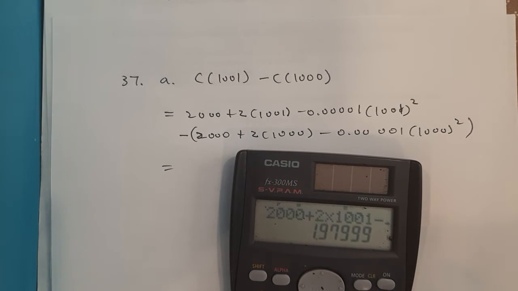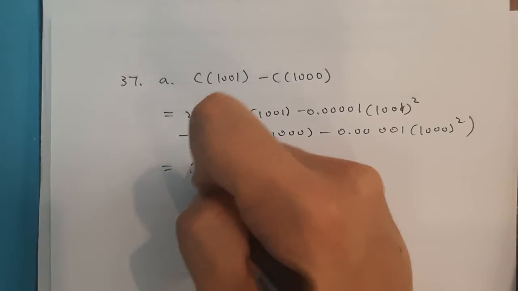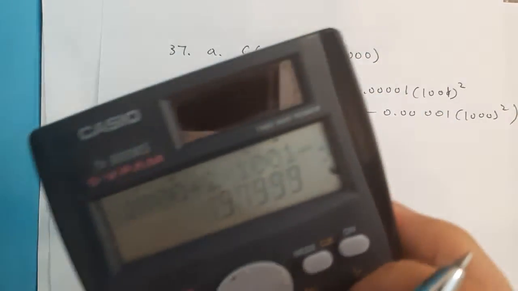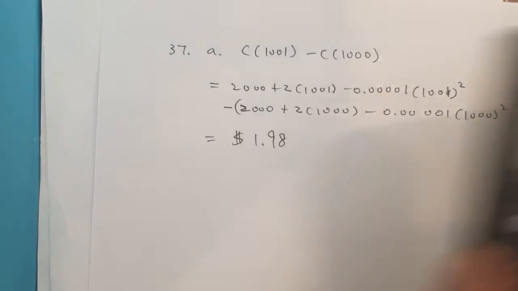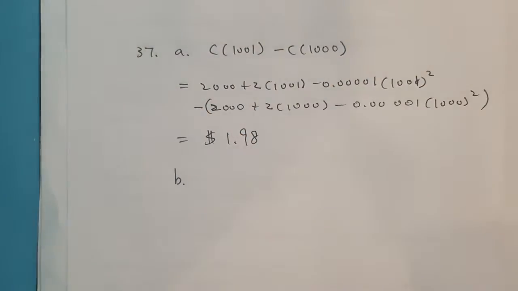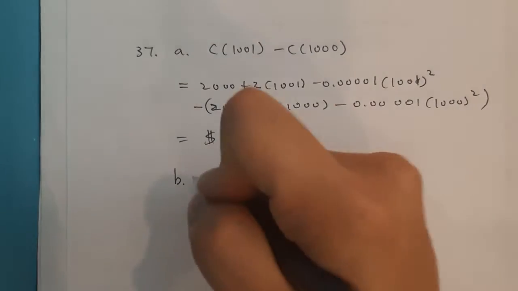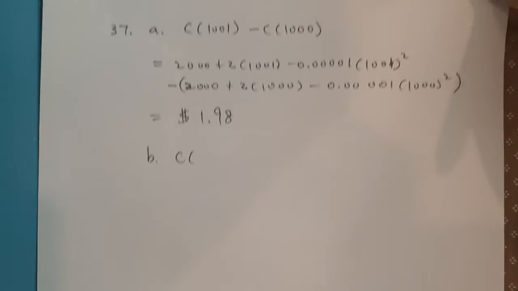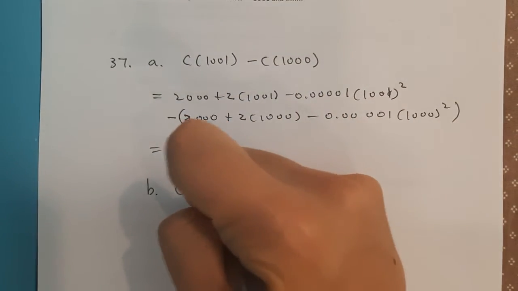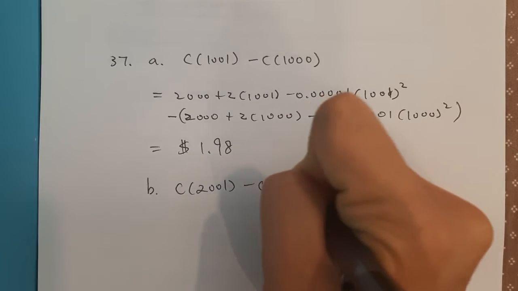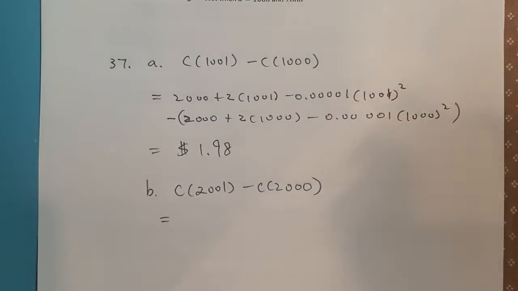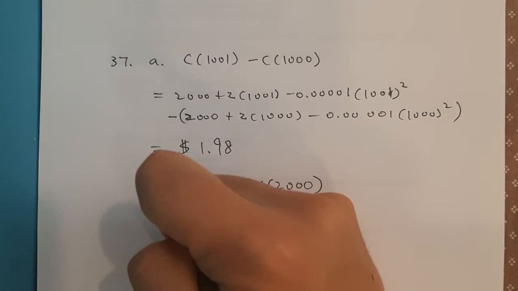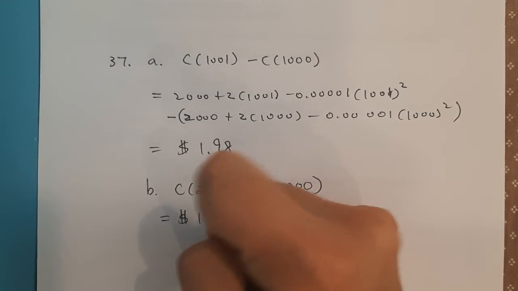That will give us 1.98. So if you round it up, we'll get 1.98. Then in part B, we do the same thing. We got C of, in this case, 2001 minus C(2000). So here we're going to end up with 1.96 in the end.